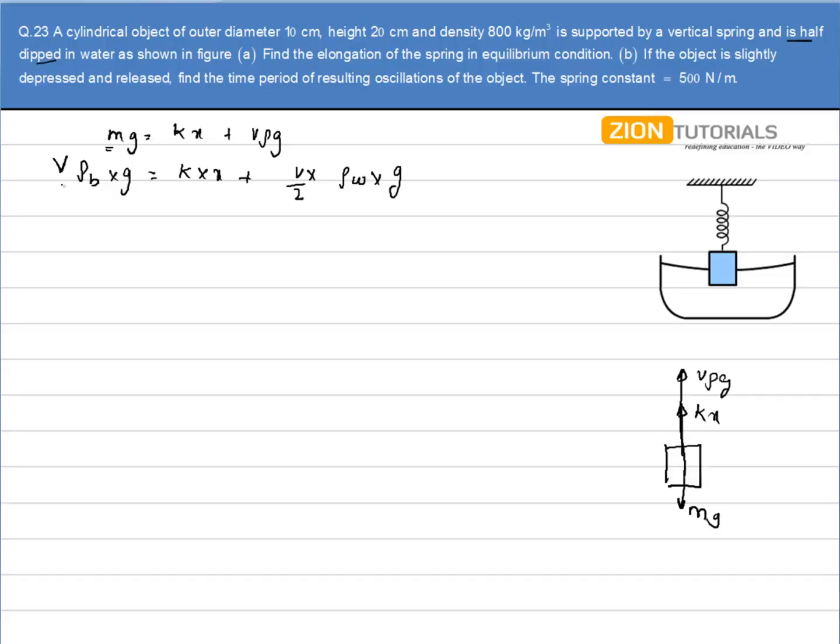So just substitute the values. V total can be written as pi r square h. So it can be written as pi into 0.05 because diameter is 10 centimeter, radius will be 5 centimeter, and in meters it will be 0.05.